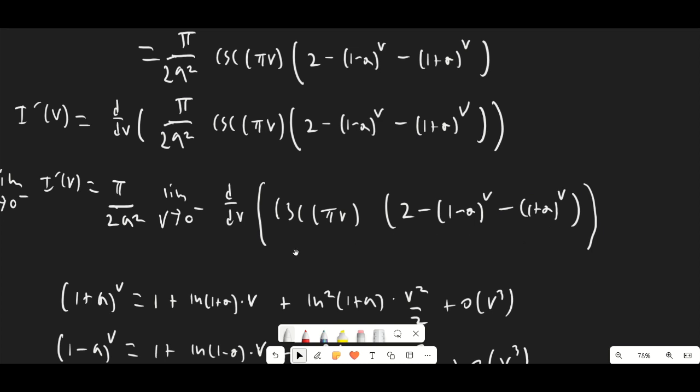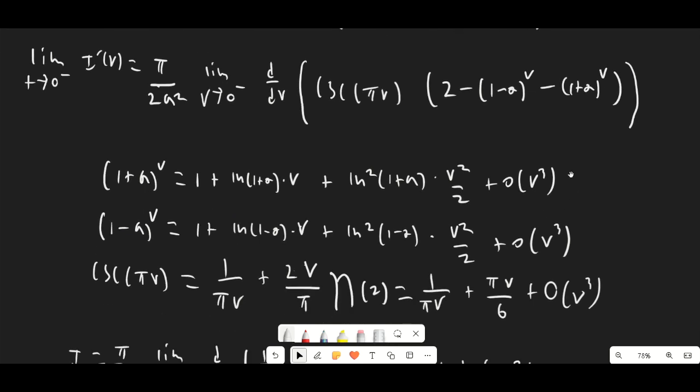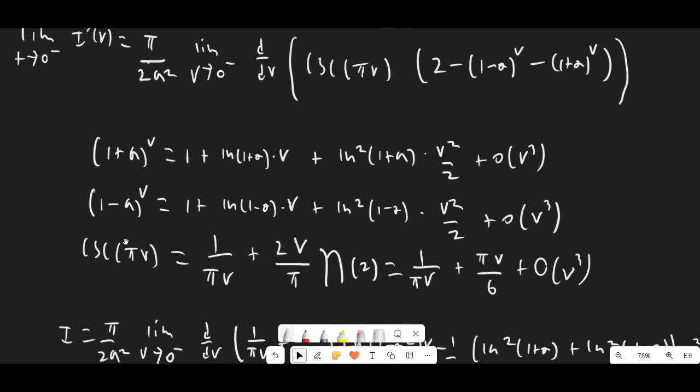So one way that we can facilitate the evaluation of this integral in an easier way is to expand everything as a power series, and we're going to truncate all these power series at the order of v cubed. So we know that 1 plus a to the v is going to be 1 plus ln of 1 plus a times v, just differentiating this function with respect to v and then evaluating it at 0, and then ln squared of 1 plus a times v squared over 2, plus anything of order v cubed and above.